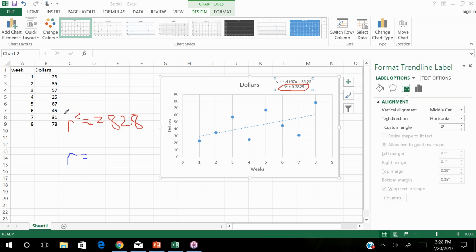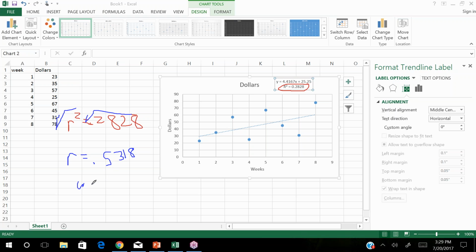So if we square root both sides, 0.2828, square root, I'm using my cell phone, so I don't know if this is right, but 0.5318, is that what you got? Yeah, that's what I got. Okay. So our linear correlation coefficient is 0.5318. That's not very high.